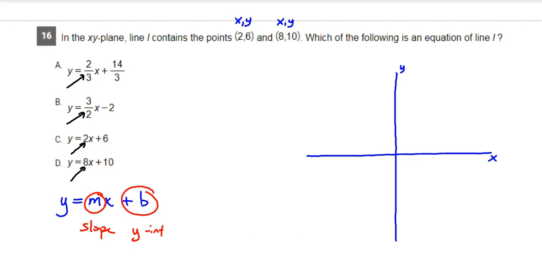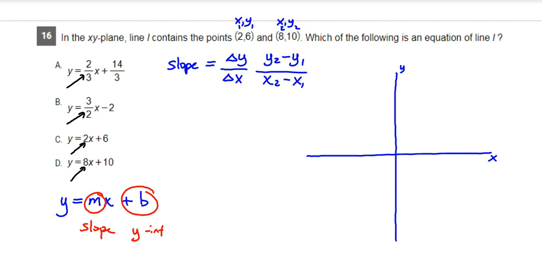So if you want to, the fastest way would probably be to use the slope equation. Slope is the change in y, that's a Greek letter delta, means change, over the change in x. And to find change, you subtract. So if you look this up on the internet, it would say y2 minus y1 over x2 minus x1. The ones and twos just mean like this was the first ordered pair and this was the second ordered pair.